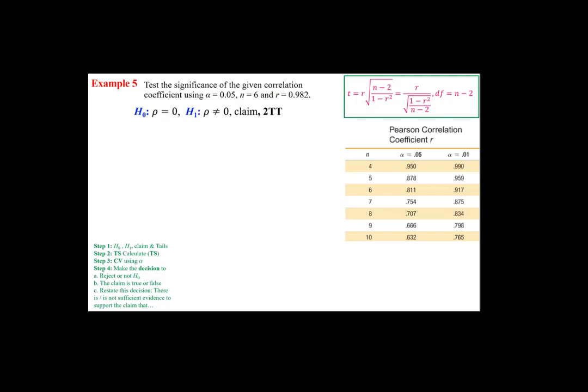So this would be your H0 and H1 always. Now, we have two methods. One of them is using the t-distribution. One of them is using the Pearson correlation coefficient. In fact, that is the table that you're looking at. So those are the two methods. We're going to go through each and every one of them.